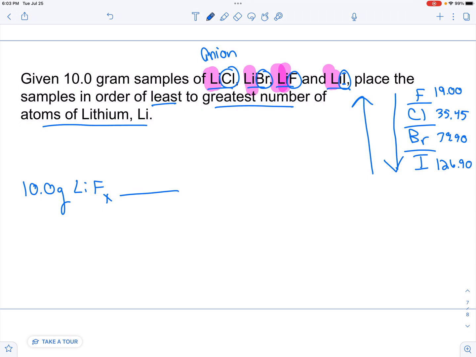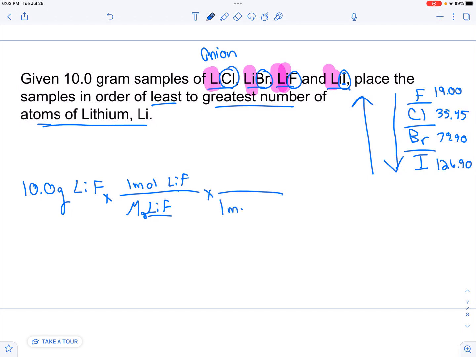I would take that gram number and divide it by the molar mass of whatever I have, in this case LiF. That would get me to 1 mole of LiF, and I'm trying to go for atoms of lithium.